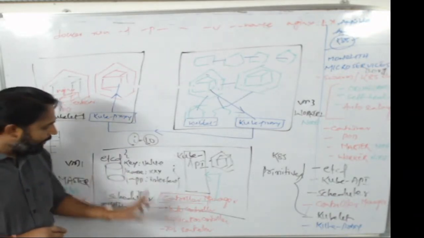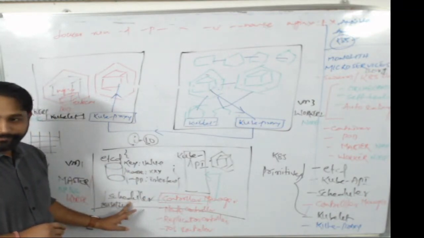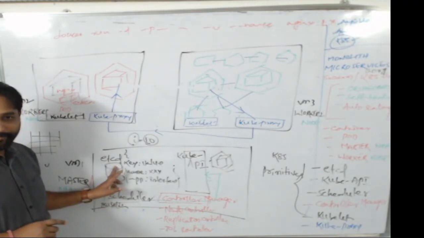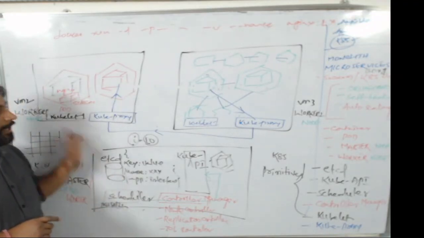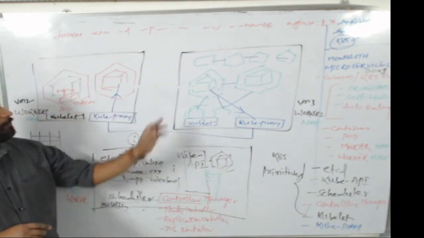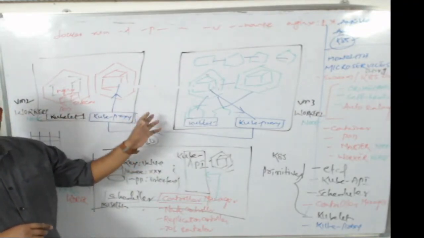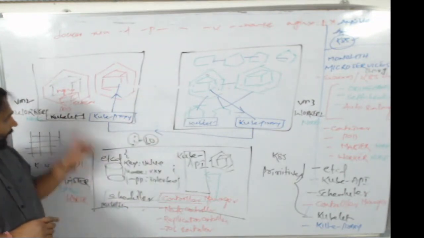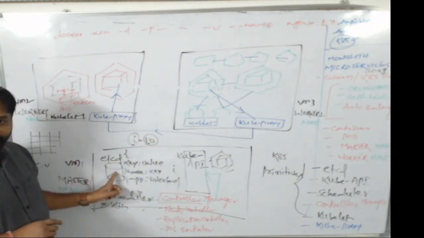Now, this is being monitored by the scheduler. Now, the scheduler knows that you want 5 replicas. Now, scheduler goes ahead and checks all the nodes. Which node I can put these additional replicas? Right? It decides the nodes and then updates etcd again.